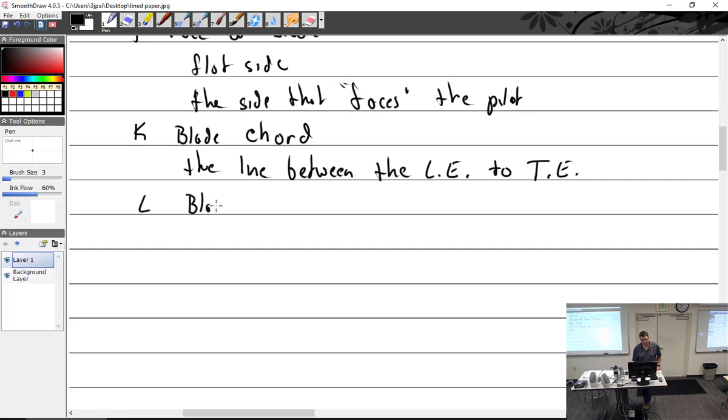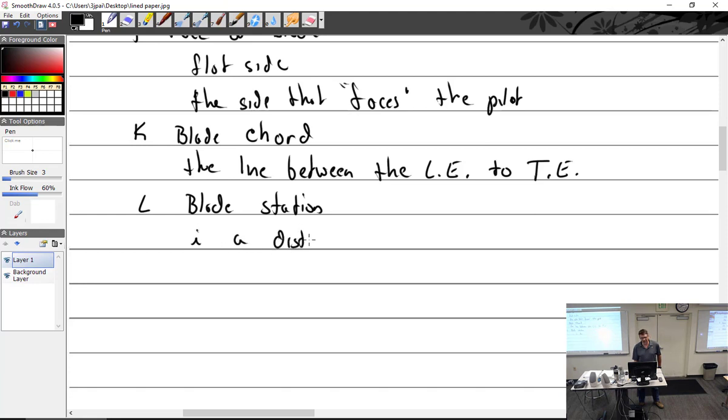And blade station. You guys had aerodynamics, right? Blade station, what do you think that is? A station number.